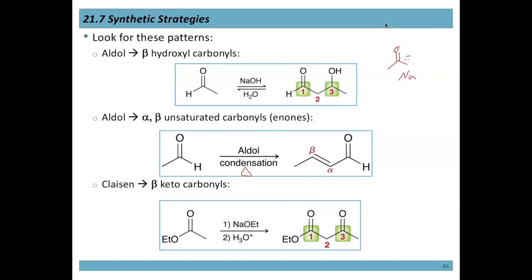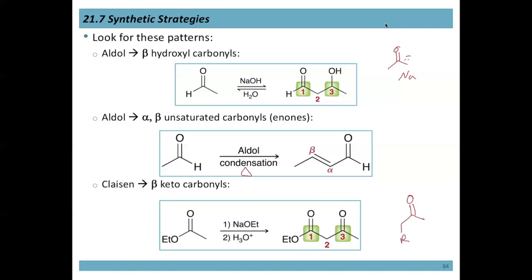In fact, there's a specific type of synthesis that uses that molecule. And again, you're screaming, McKay, of course, we know that's the acetoacetic ester synthesis. We can actually do reactions where we make essentially an alpha substituted acetone.